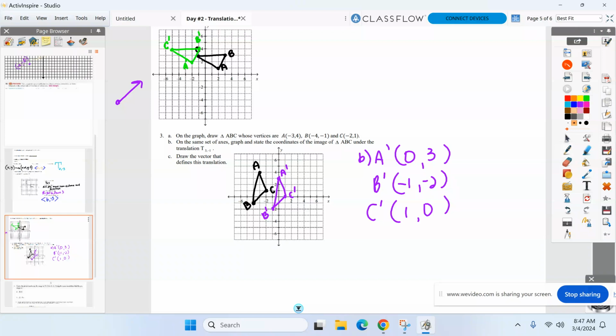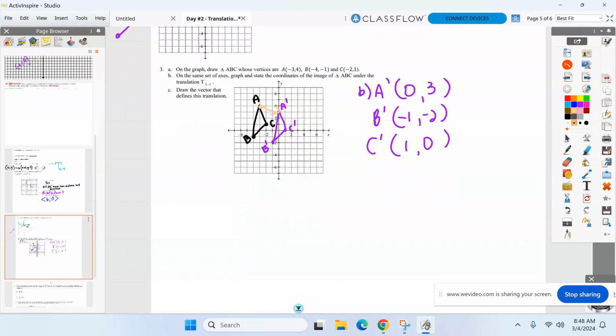The easiest way is to start from one of your pre-image points, A, B, or C, I don't care which one, and draw a ray going to its image point. So if I start at A, I'm going to make that vector, that ray, go to A prime and put the arrow there. That shows me you went right 3, down 1. Now, hey, you want to get nuts and really show off?